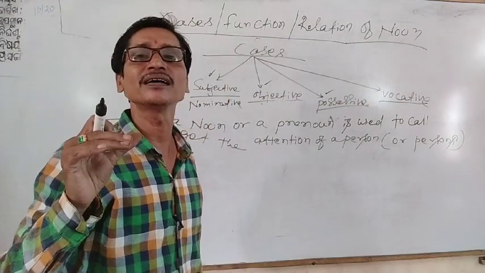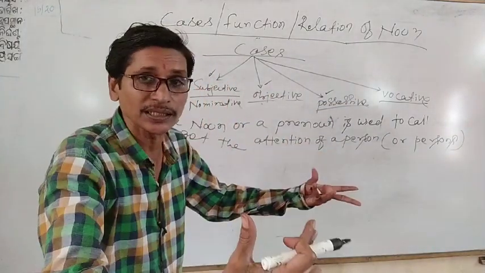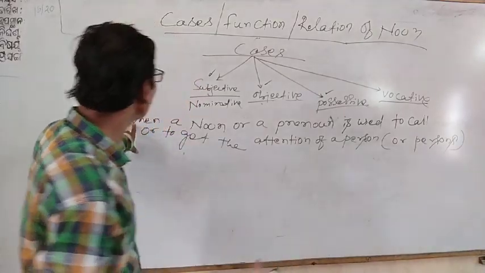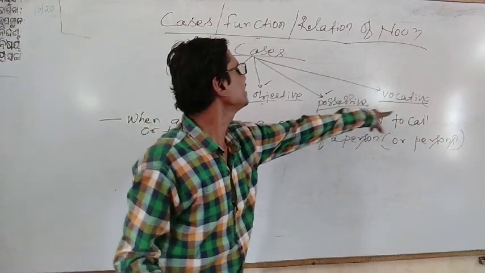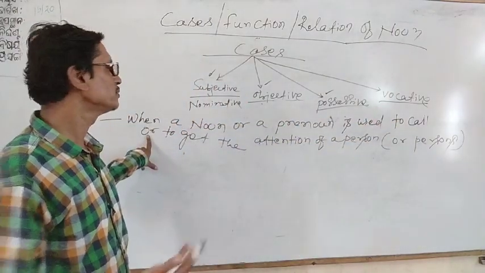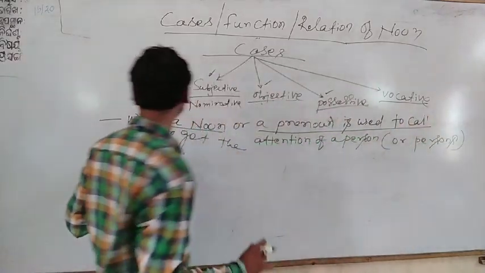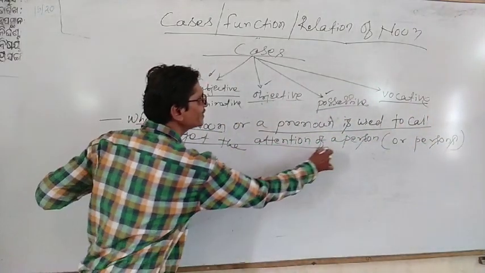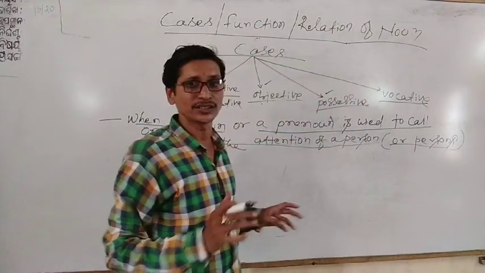We say that a vocative case of a noun is when a noun or a pronoun is used to call or to get the attention of a person or persons. Understood?